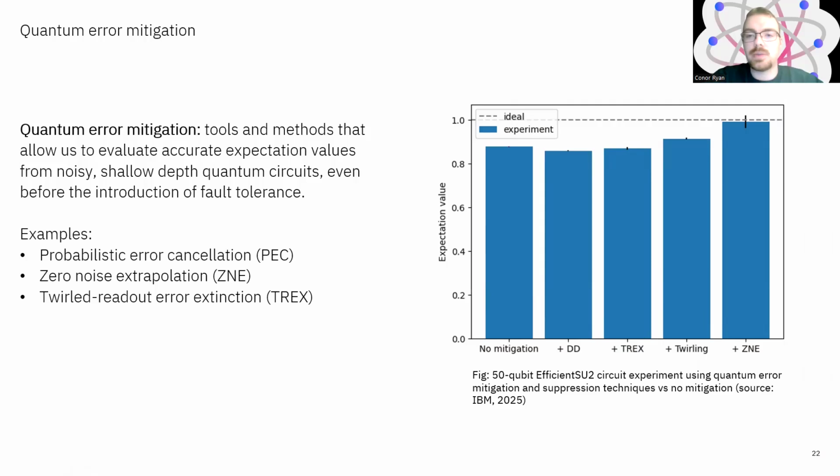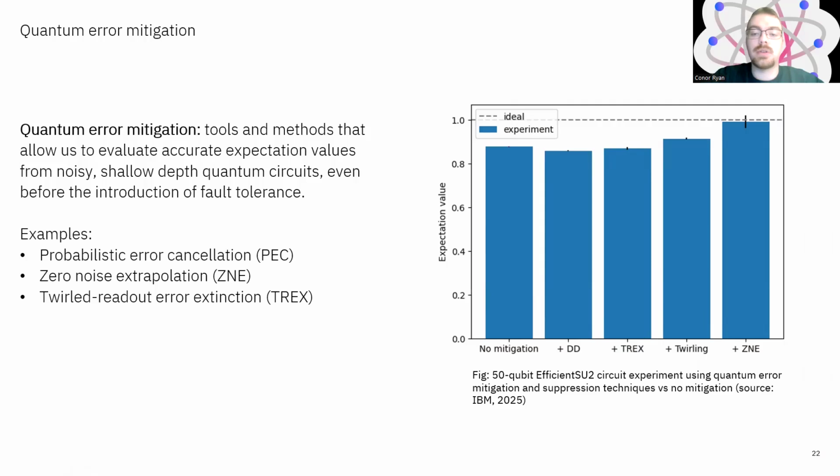This graph here shows a bit of an example where we have no mitigation on the expectation value of some quantum operator that we are interested in, and we see if we perform the experiment it sits around 0.9. Then in the ideal case, if there was no noise, we would want it to be around 1. Applying different error mitigation techniques, we notice that each can have a different effect.